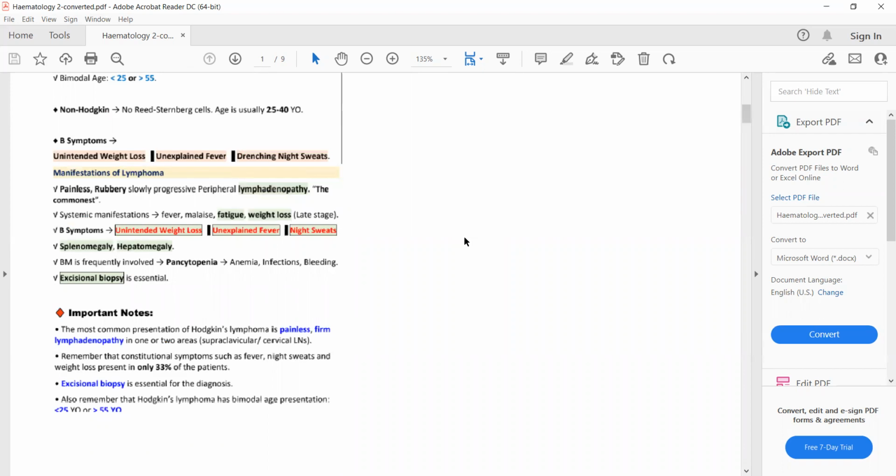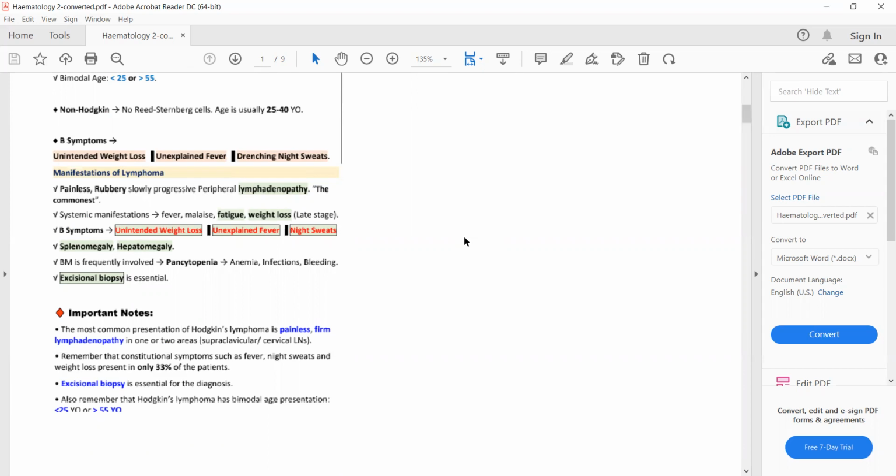The other symptoms that can be present are fever, weight loss, and night sweats. Remember that tuberculosis can also present with these features, that is lymphadenopathy, mostly cervical, with weight loss, fever, and night sweats.